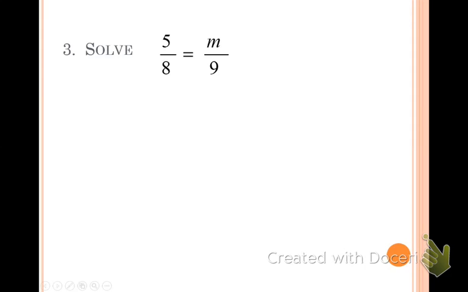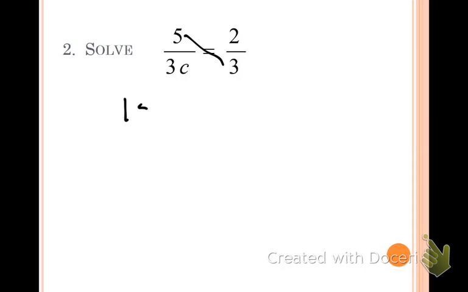So try it. Number 3. Which is weird. How about do number 2 before you do number 3? Okay, cross multiply. The property of a proportion says that if I take 5 times 3 and get 15, that should be equal to taking 2 times 3c and getting 6c. Right?